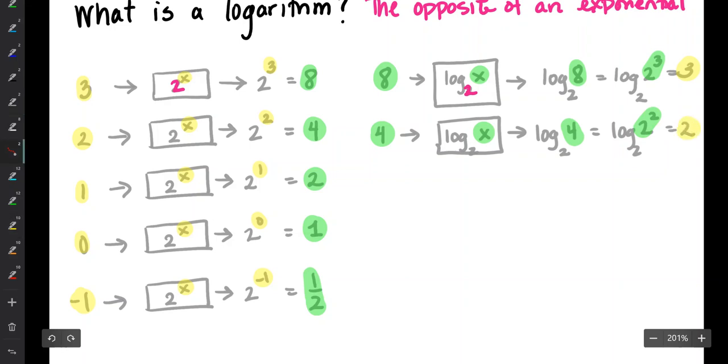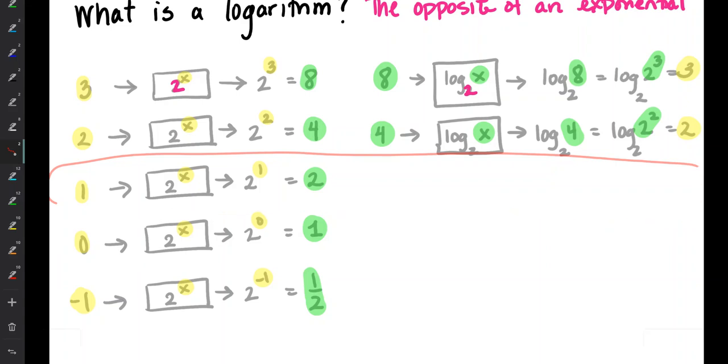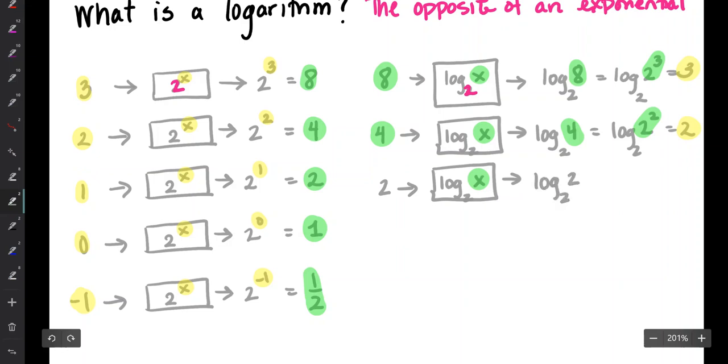Right? These get easier with practice. We've only read 2 logarithms, so if you're feeling a little overwhelmed, just pause the video for a second, come back in, you're doing great. Right? So if 1 went into the 2 to the x box and 2 came out, if I'm going to go in reverse, 2 is going to go in and 1 is going to come out. 2 goes into the log base 2 box, and what comes out is log base 2 of 2.